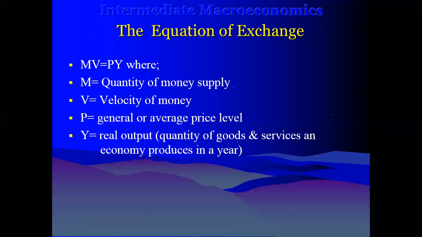So an assignment I'll give you is to go and write an essay on the factors that affect the velocity of money. When you go online, I'm sure you will see some. Even the quantity of money can affect the velocity of money. If we have too much money in the system, it means that each unit will not be changing hands as frequently.